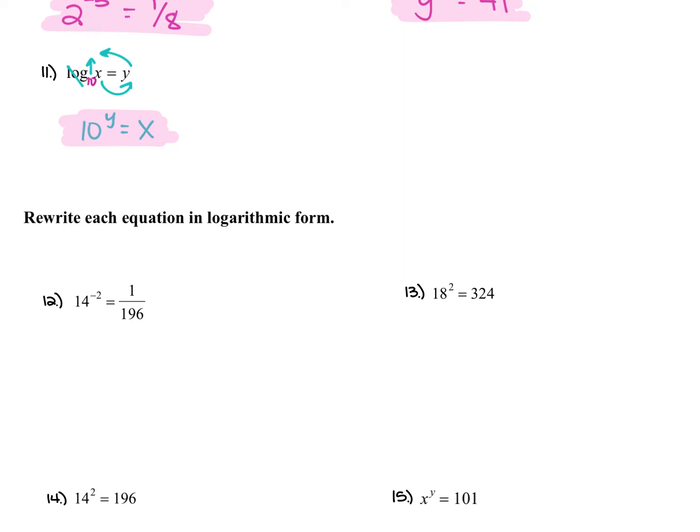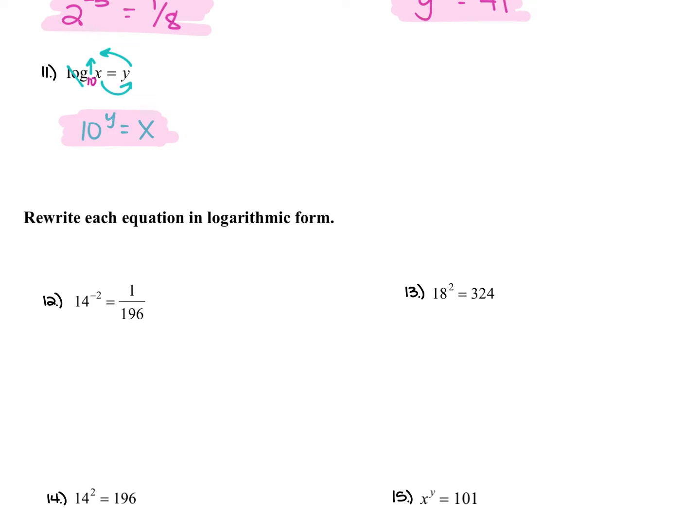Your next section, we are rewriting each equation in logarithmic form. So we're going from exponential to log form. With these, you're going to need the word log. Your base on your left side or your right side, depending on what it is, the number that's raised to the power, becomes your little subscript number on the log. Your power becomes the answer. Your answer becomes the big number or the number after the log.